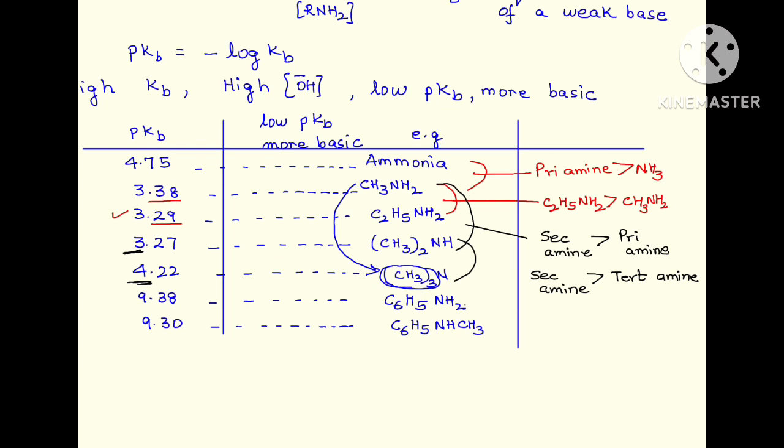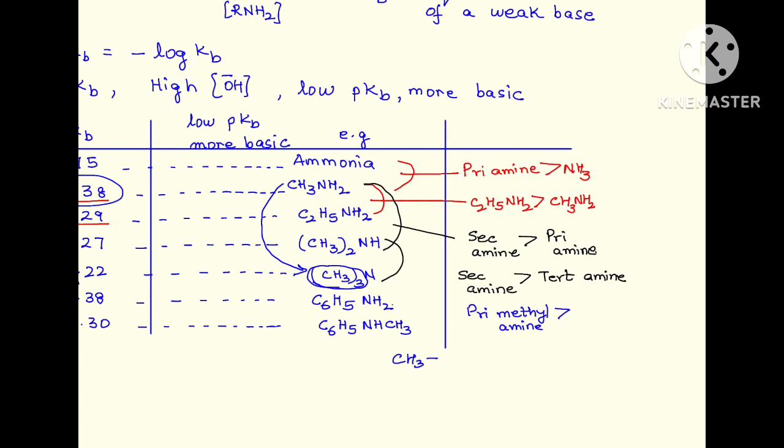Yes, of course, lower the value, more the basic character. So if I am talking about the CH3 group as the substituent, then my primary methylamine is more basic than tertiary methylamine. Okay?